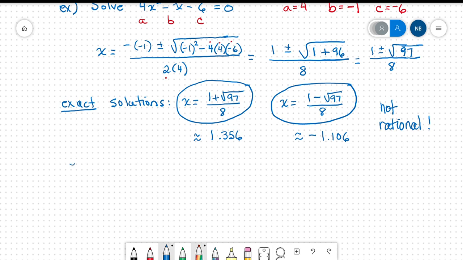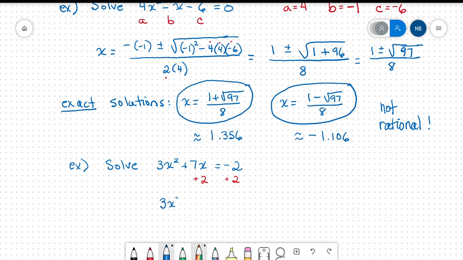Next example. Solve 3x squared plus 7x equals negative 2. Now remember, before we can identify A, B, and C, we have to have all our terms on the same side of the equation, which means I need to add 2 to both sides.